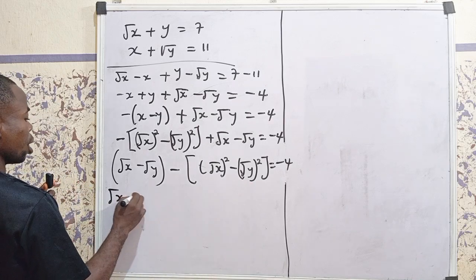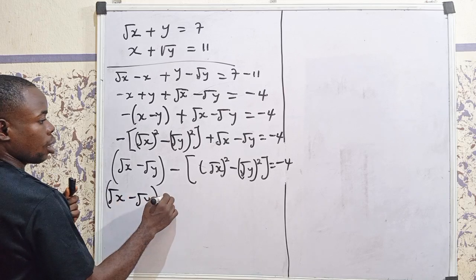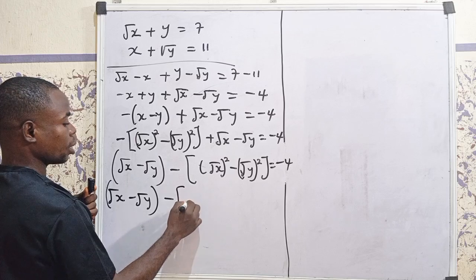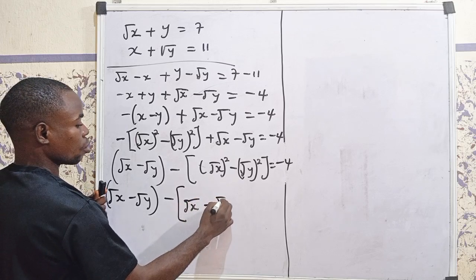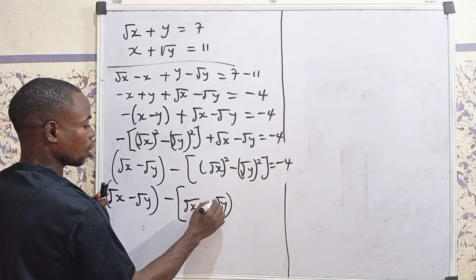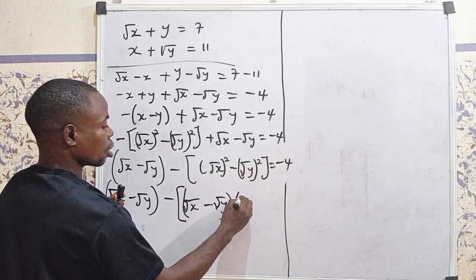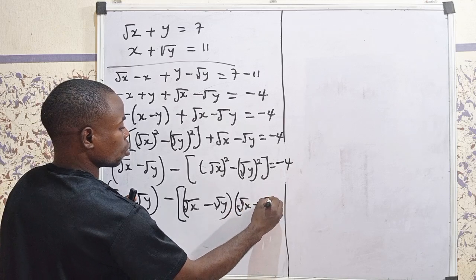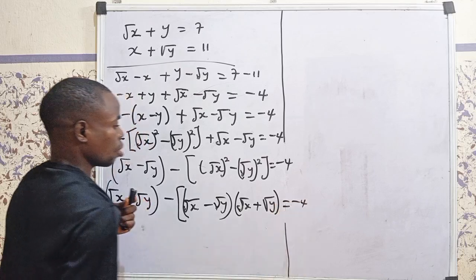I have root x minus root y, and then minus, if I expand this, I'm going to be having root x minus root y, then multiply by root x plus root y equal to minus 4.